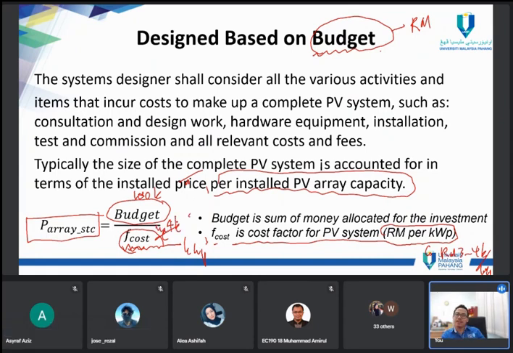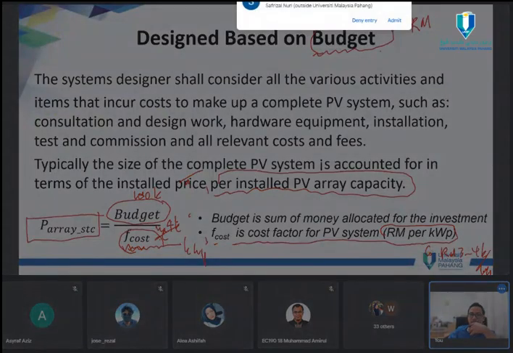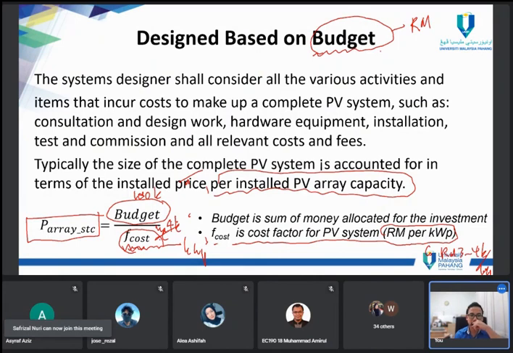Okay, 4k means that how much kilowatt are you going to get? Berapa? 100k over 4k. Berapa watt? 25. 25 watt. 25 apa? Teruskan.